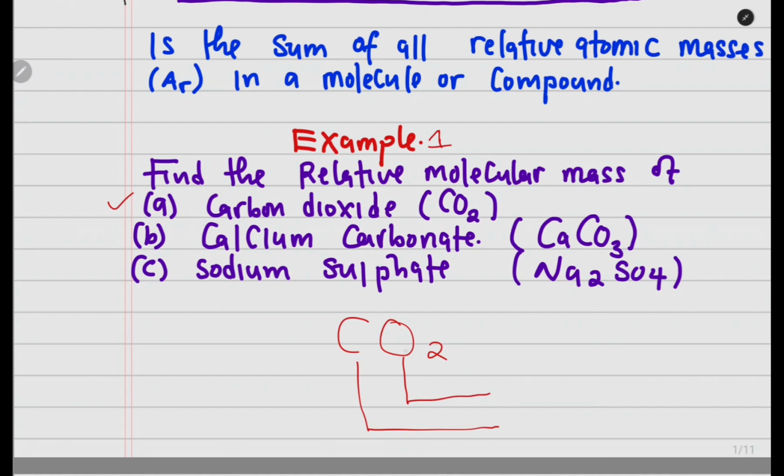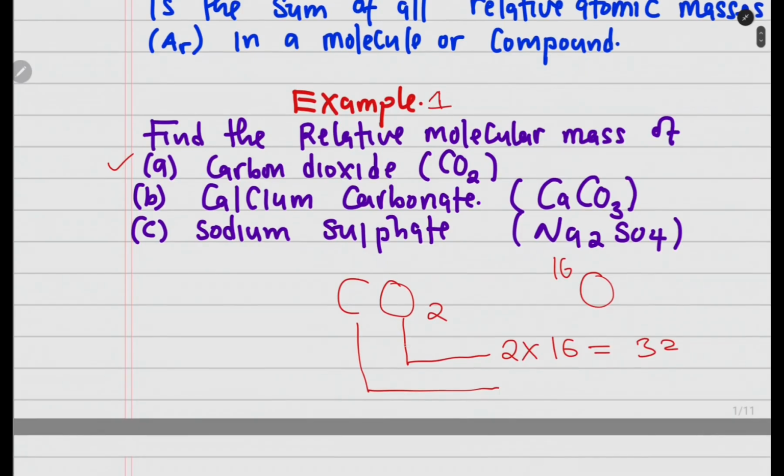How many of oxygen do we have? We have 2. Multiply. What is the atomic mass of oxygen? If you look at oxygen on the periodic table, it is O, and on top you're going to find 16. So that is the number that you pick. There are 2 oxygens here, so since one is 16, you multiply by 2, and you are going to have 32.